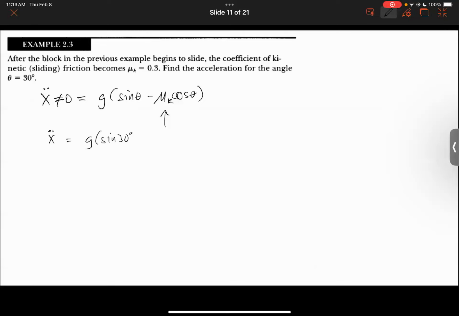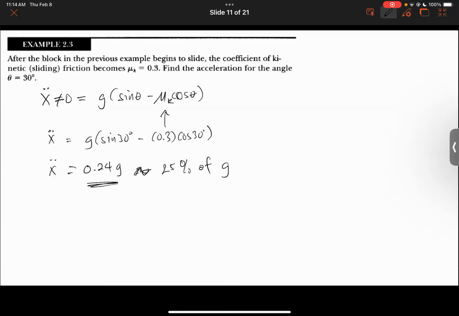Alam naman natin ang sine of 30 is 1/2, and cosine of 30 is square root of 3 over 2. And of course, g is 9.8. But if we write the solution in terms of g, the acceleration is about 25% of the acceleration due to gravity, so mga 2.3 meters per second squared.